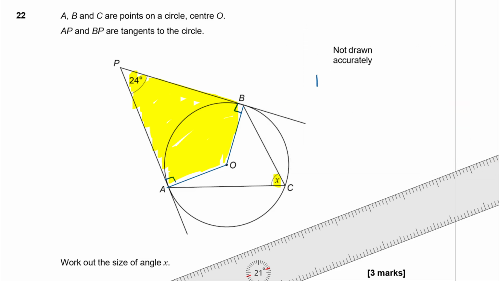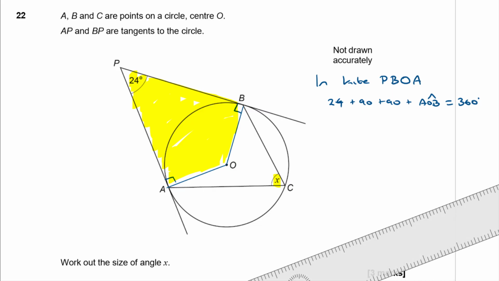So in kite PBOA, I know that angles sum to 360 degrees in a quadrilateral, don't they? So my 24 degrees at P plus my 90 degrees at B plus my 90 degrees at A plus my angle AOB should be equal to 360 degrees.